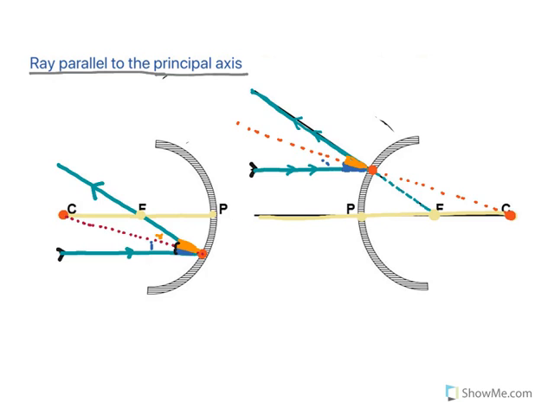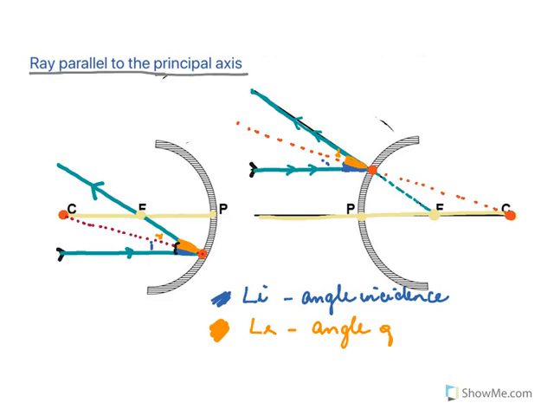And this is the angle of reflection, that is R. So in all these cases, the angle I that we have marked in blue is the angle of incidence, the angle between the normal and the incident ray, and what we have marked in yellow is the angle of reflection, the angle between the reflected ray and the normal.